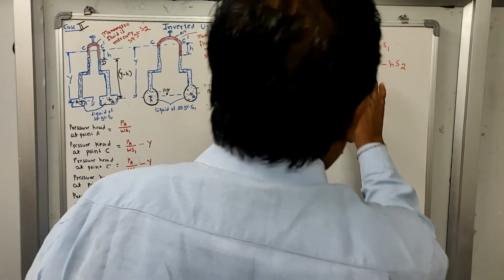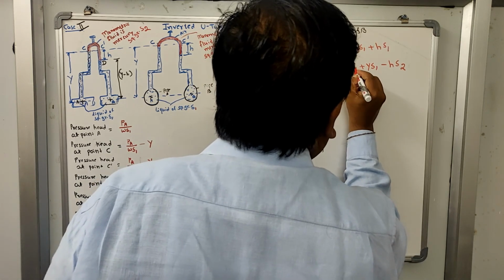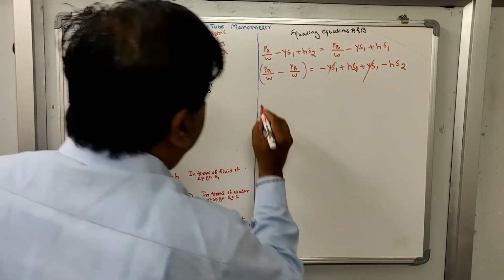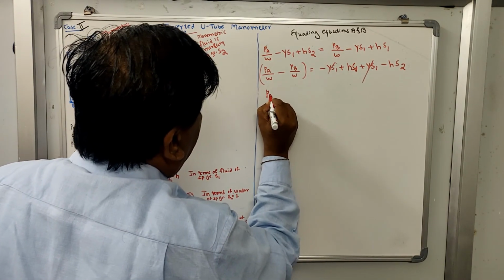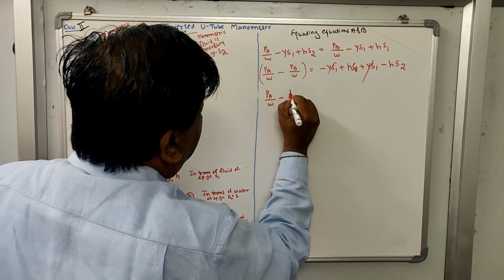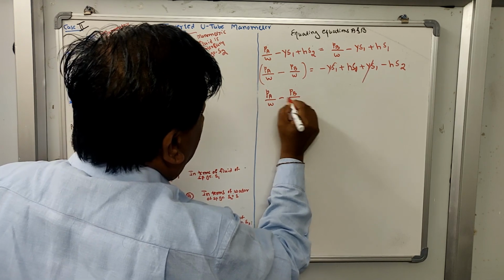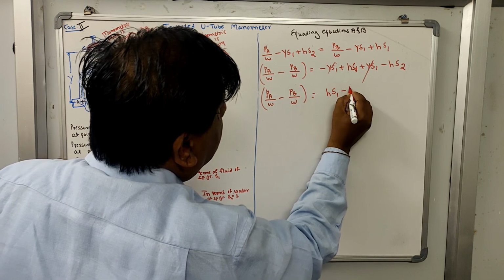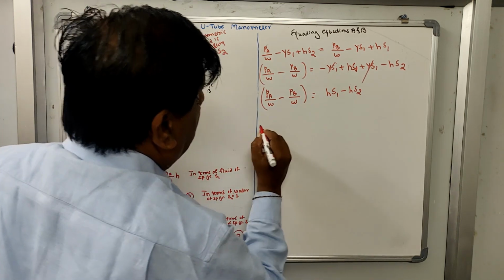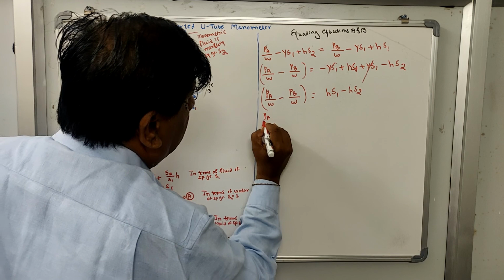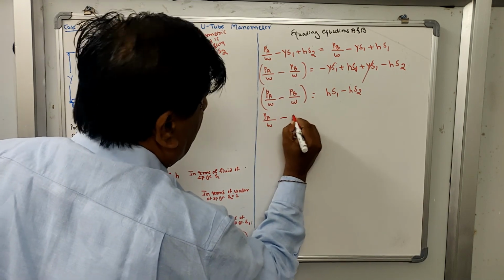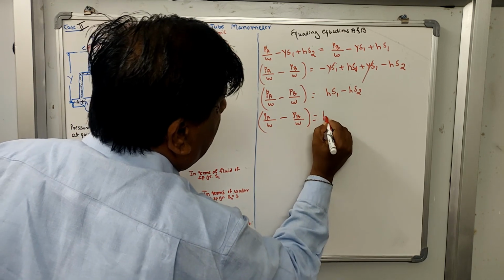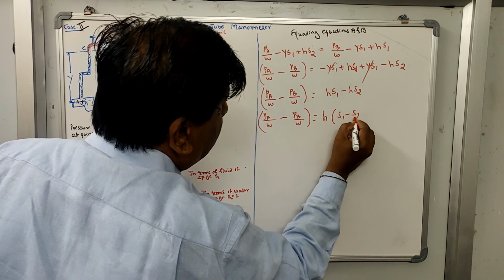This minus YS1 plus YS1 cancels. Therefore PA by W minus PB by W is equal to HS1 minus HS2. So you can take H as common, H times S1 minus S2.